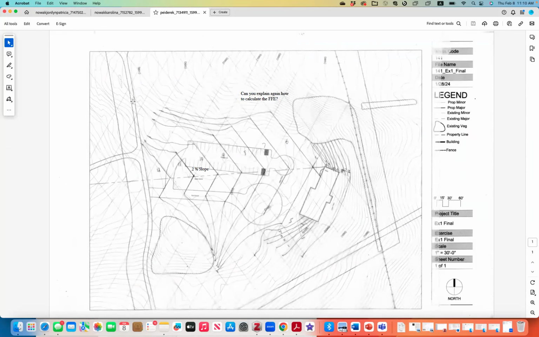Most of the water will go to this side. Should be all right. You have a situation where your swale is not very balanced, which means I have some water.